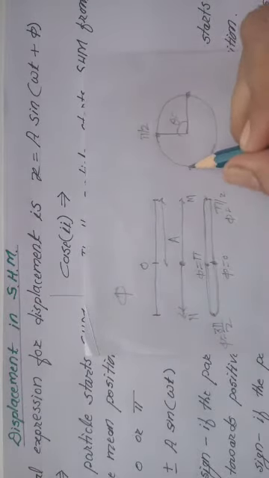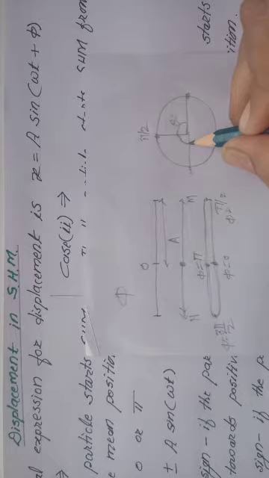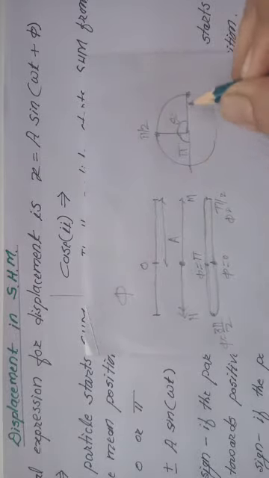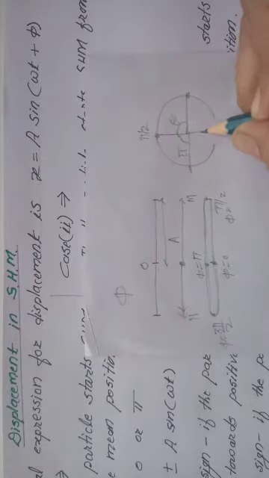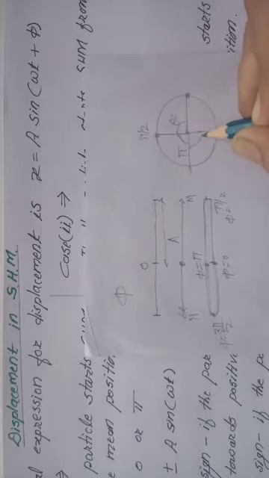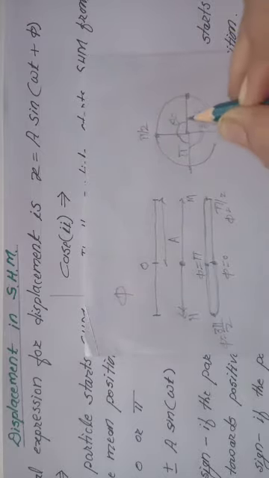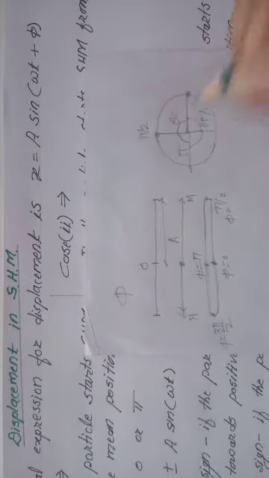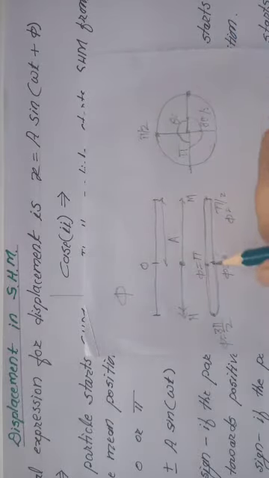When it goes to this point, theta is equal to pi radian, that is 180 degrees. When it comes to this point, theta is equal to 3 pi by 2, and then it comes to this position. It completes its one revolution. Like that, here the particle completes one oscillation.